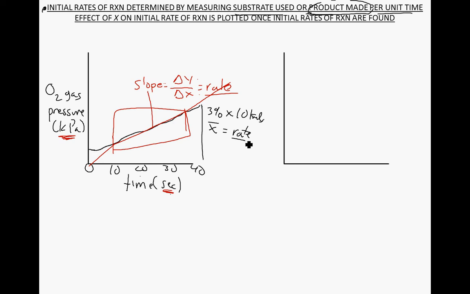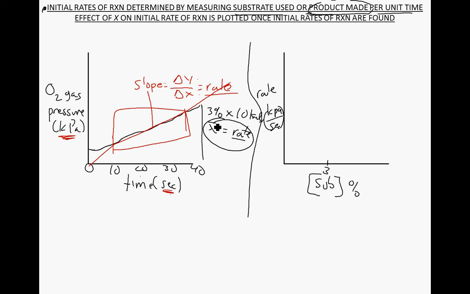What you're doing then is taking those rates that you measured in lab and plotting them on another set of axes over here, where you have concentration of substrate in percentages here. If this was where 3% peroxide was, then your rate over here is again kilopascals per second, so how much pressure was changing. So you take this x bar rate, and that gets plotted right here, wherever that value happened to be.